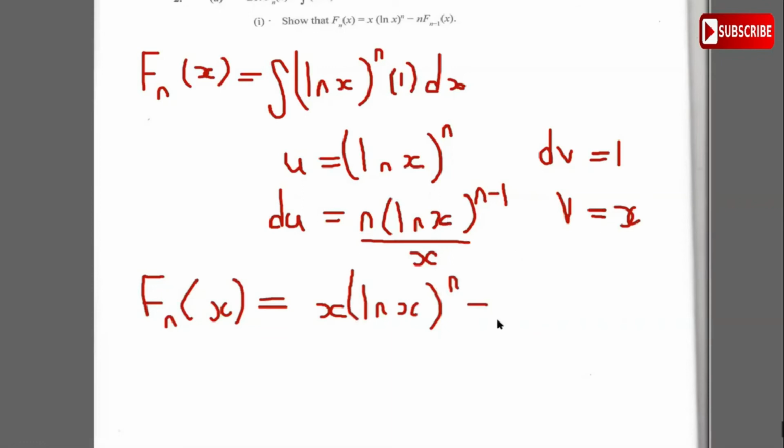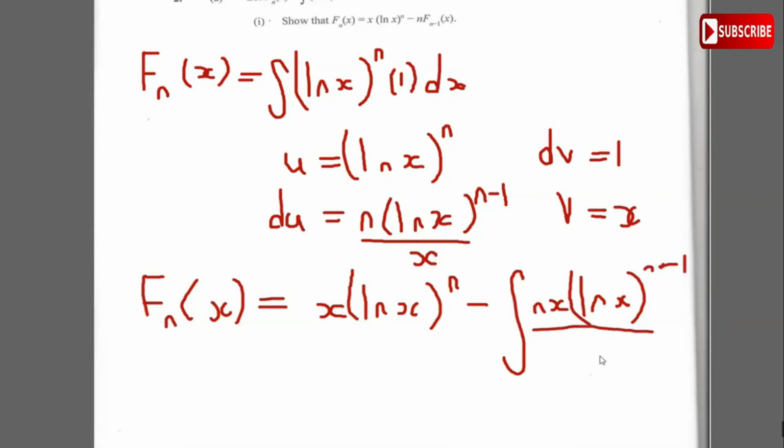Now v times du is x times n(ln x)^(n-1) over x.